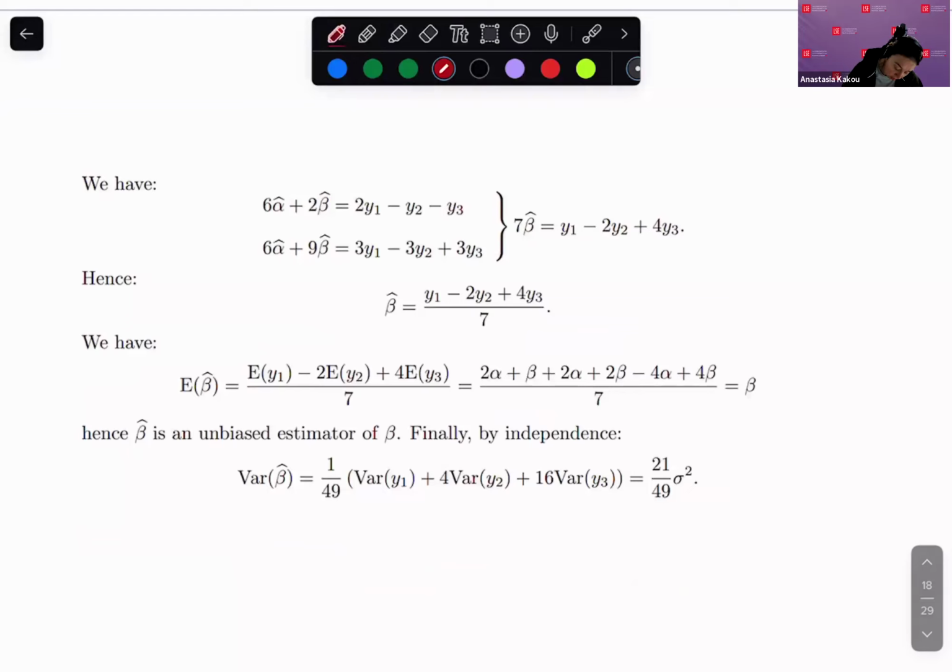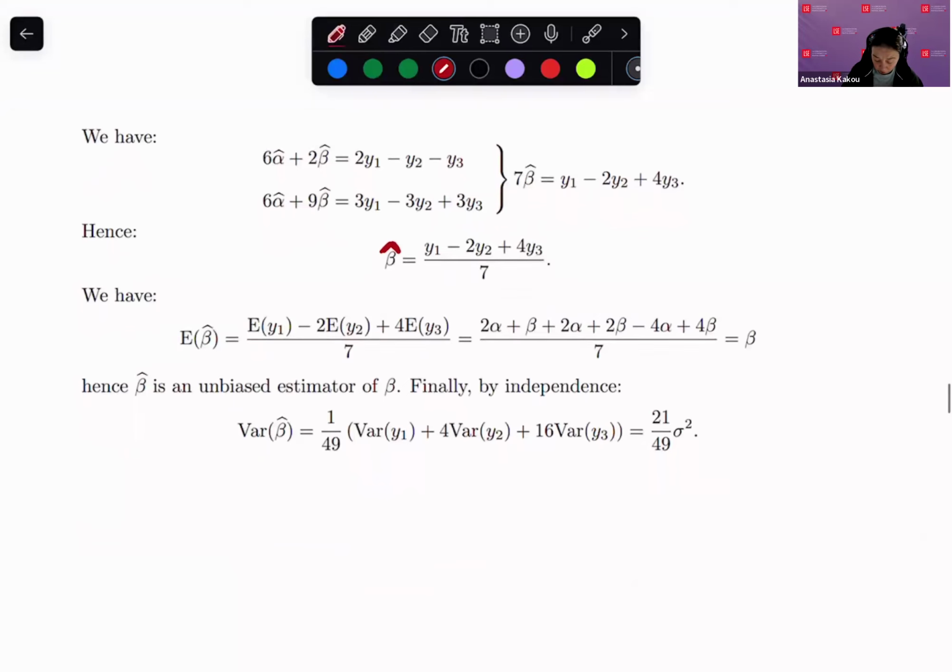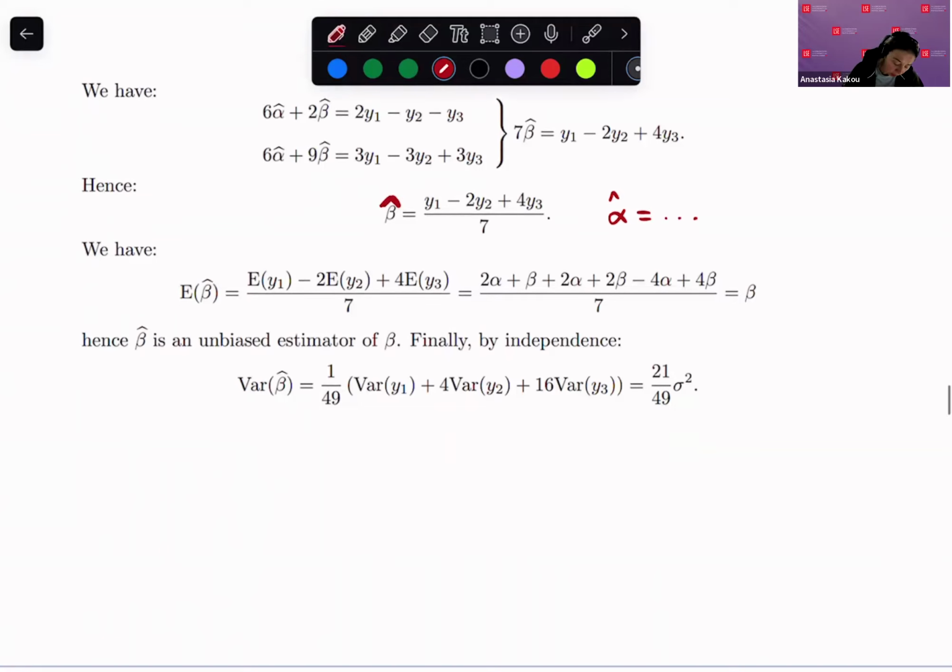When you find the answer, you need to put that hat on top of the solution. By solving that system you should also get an answer for A, which would be A hat. And then you need to prove that they are unbiased. If you have done the calculation correctly, then you will get an unbiased estimator.